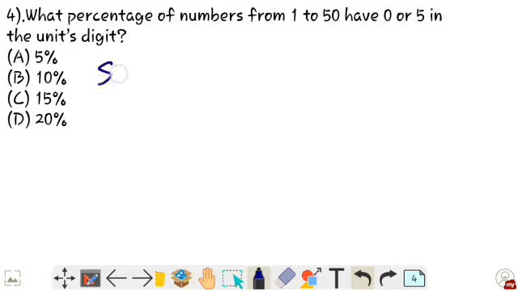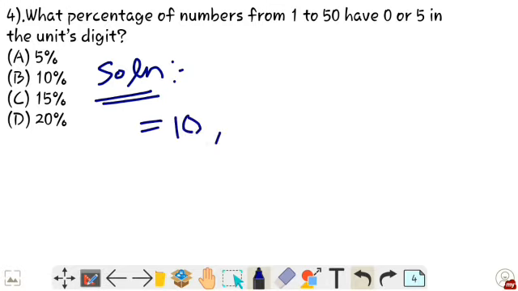Solution: what they are asking is, in how many ways does the digit 0 or 5 occur in the unit place from 1 to 50? First, 0 as a unit digit.